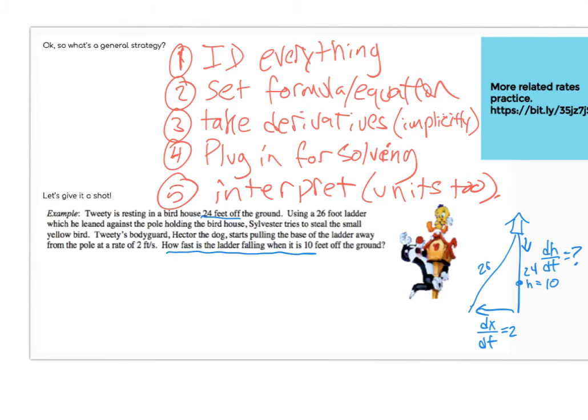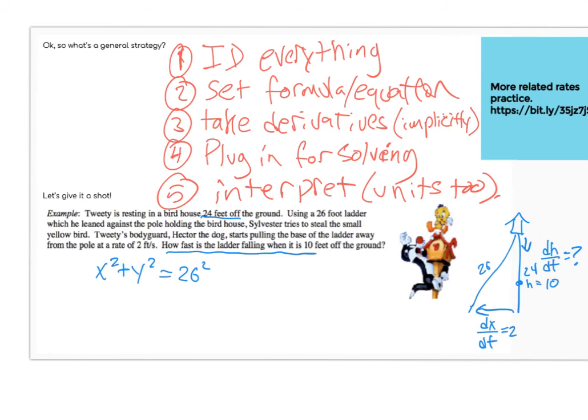Let's think about ways that we can connect these two. The way that I'm thinking right now is that we can use the Pythagorean theorem, and in doing that, we can say something like x squared plus y squared is equal to 26 squared.